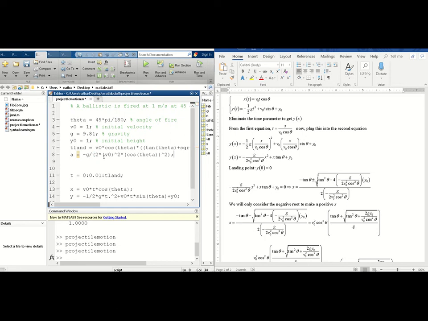And that's like the A in AX squared plus BX plus C, right? And then the B is just the tangent theta, right? Okay, and C is y naught, right?